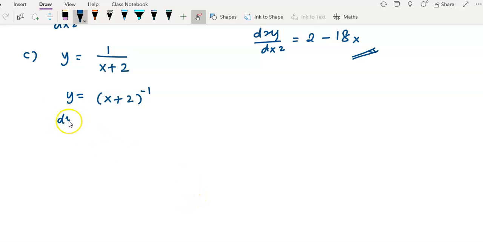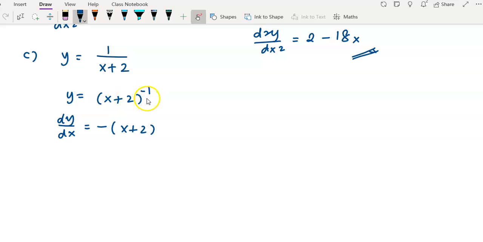And then I apply the chain rule, which is I differentiate the outer function first. This is the inner function, x plus 2. The outer function is as if this is a u, represented by u to the power of negative 1. So I'll try to differentiate u to the power of negative 1.